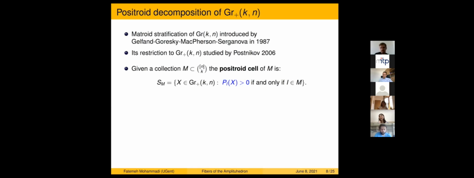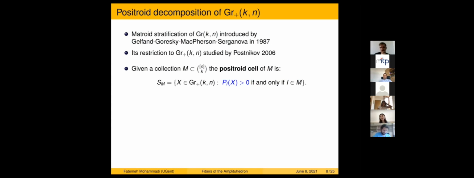For every such collection M, you can define a positroid cell, which is the collection of all matrices representing elements of the positive Grassmannian (K,N) such that the corresponding Plücker coordinates are non-zero only if the index set comes from your collection.